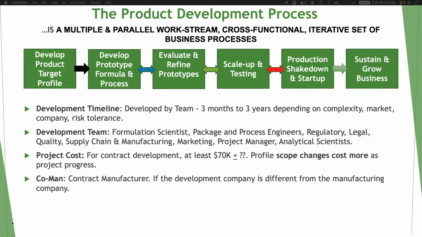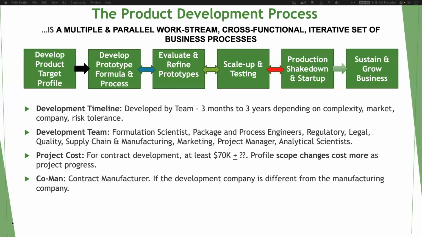A co-man is a contract manufacturer, and that's the group that's used to manufacture the product if the development company is different from the company that manufactures the final product. That's typically for smaller companies. I've worked for companies that have many factories, many plants, and then you simply work with your internal folks.